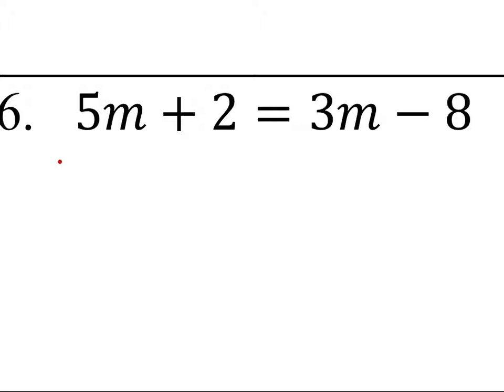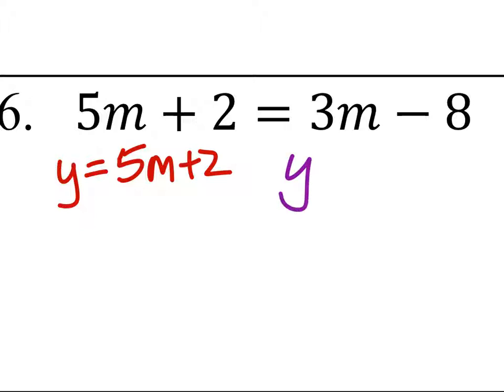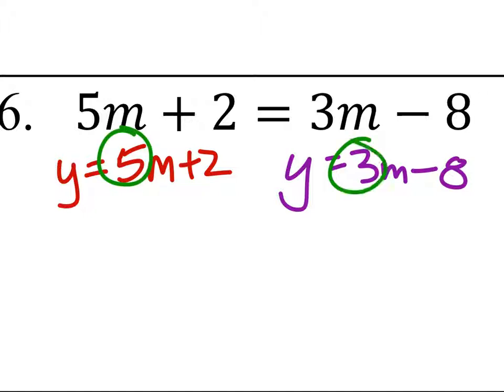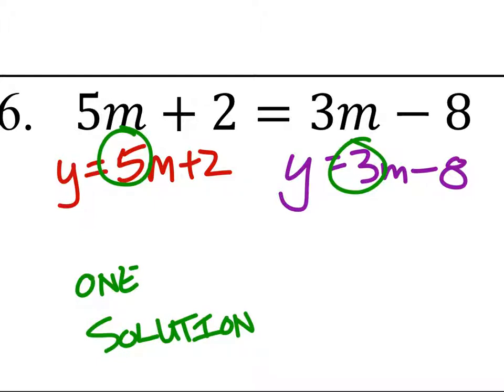Now, we could again look at this as one equation, y equals 5m plus 2, and then the other one is a different equation, y equals 3m minus 8. And we can see that with the different slopes, they'll produce one solution, which was -5. It didn't ask us to solve, but we could.